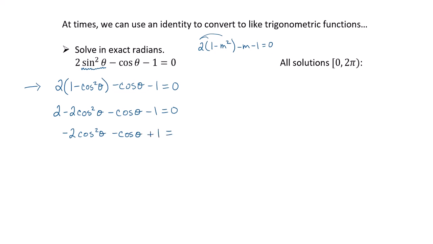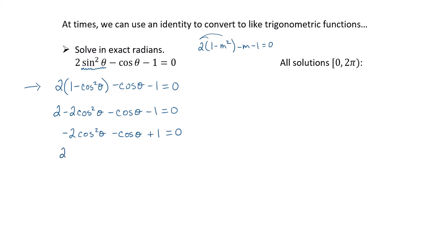plus 1 equals 0. Now if you're like me, you don't like the leading coefficient on these to be negative, so I'd like to go ahead and either multiply through by a negative 1 on both sides or divide both sides by negative 1.